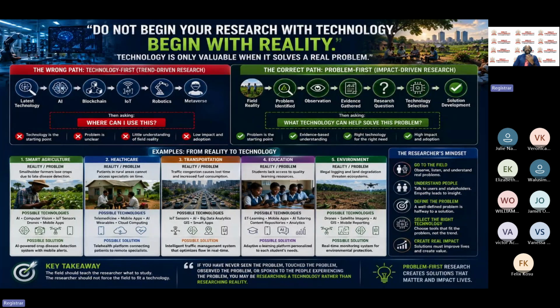In healthcare also, understand the reality of the problem, then use the technology. Don't put technology first. You have to put your research problem first. Similarly, in transportation, logistics, education, environment. I believe Elizabeth is working on real problems of education, where we think about how AI integration can improve library efficiency and learning efficiency of university students.